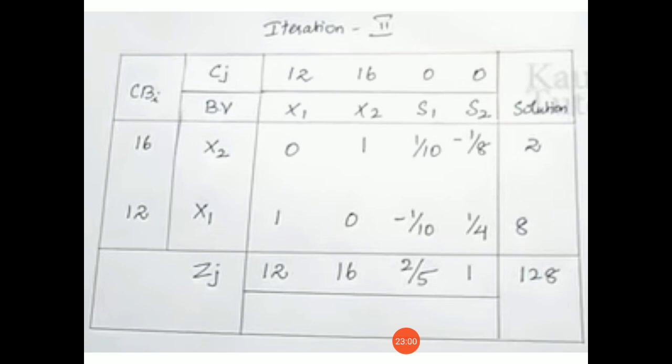So for finding an element of Zj, I need to take the summation of the multiplication of Cbi with the corresponding column values of that element. In this way Zj is obtained as 12, 16, 2 by 5, 1 and 128.